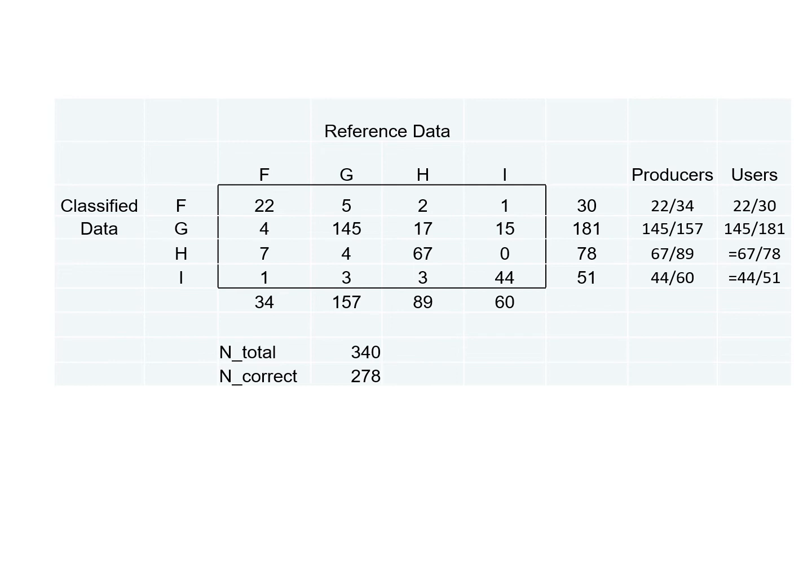So the user's accuracy is just the value along the diagonal for that particular class divided by the total observations of that particular class. The producer's accuracy is the diagonal value divided by the number of actual observations of that particular class.